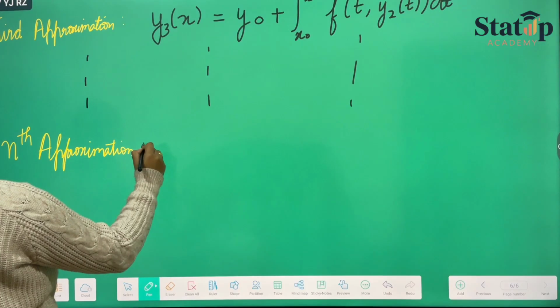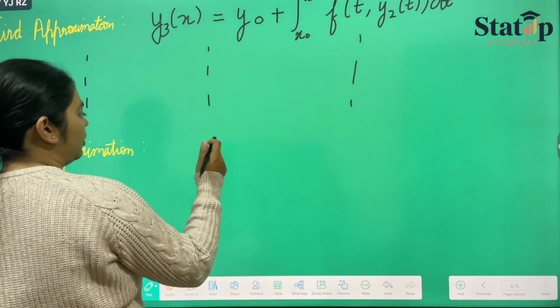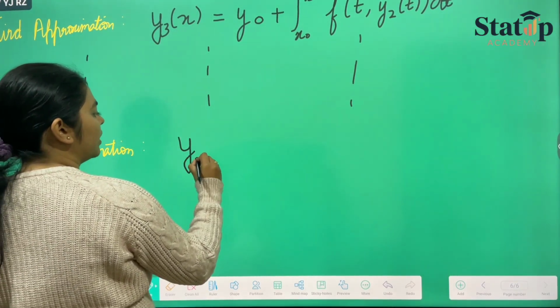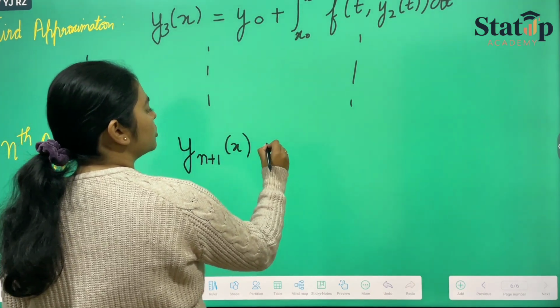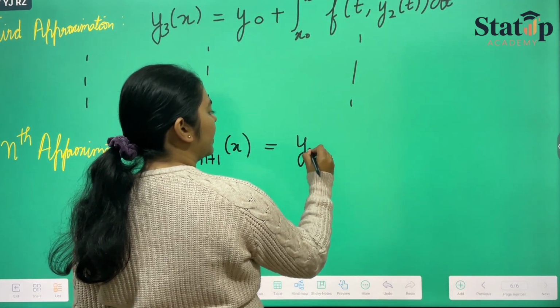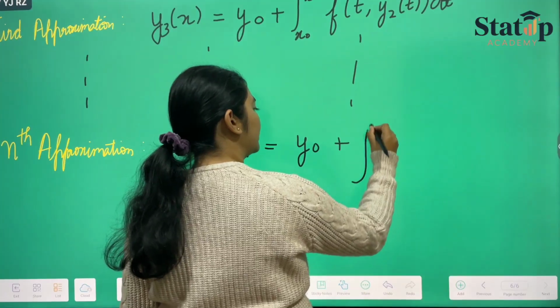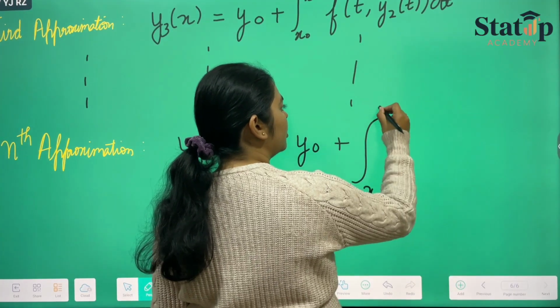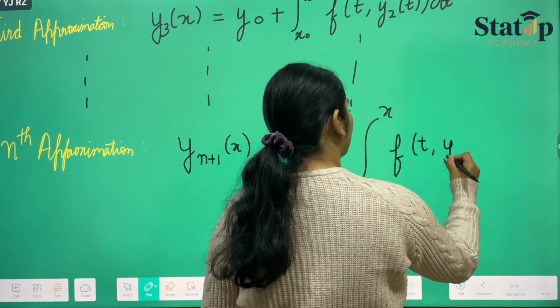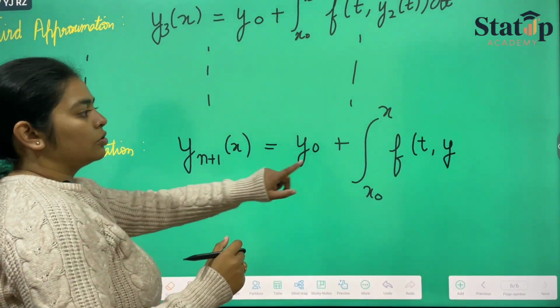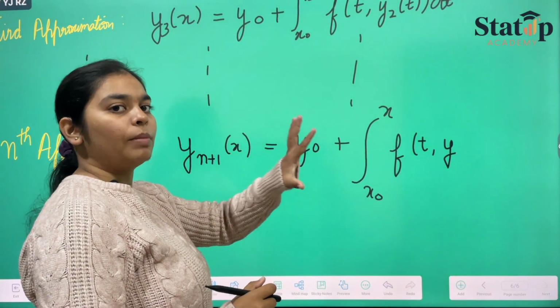So in the nth approximation, our formula will be y(n+1)(x) is equal to y naught plus the integration from x naught to x of f(t, yn(t)) dt. Here it is n plus 1, so here it should be minus 1.